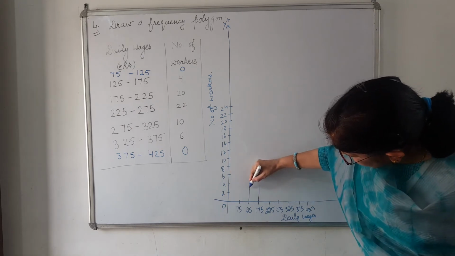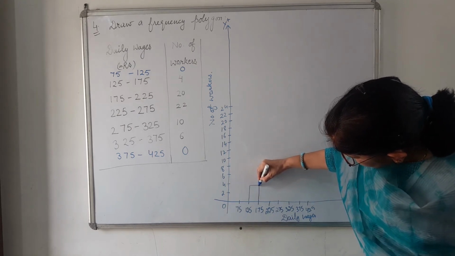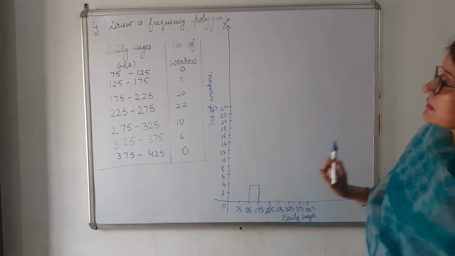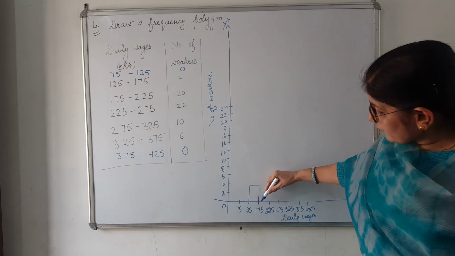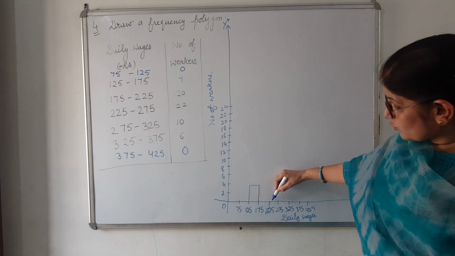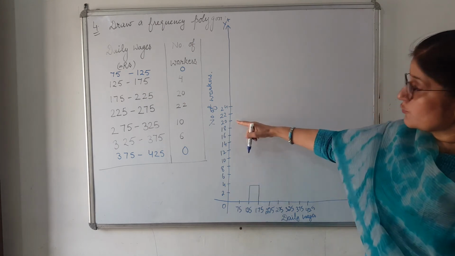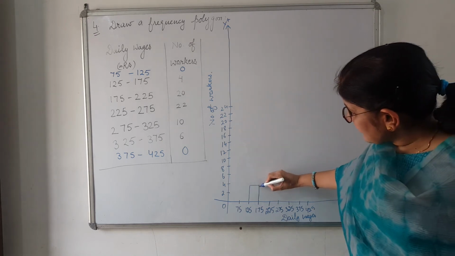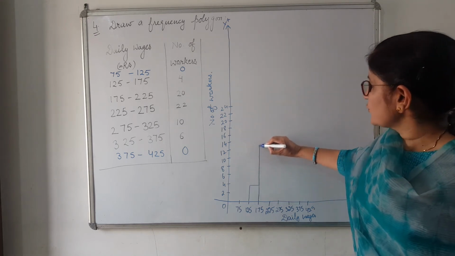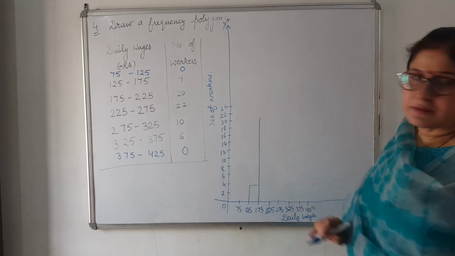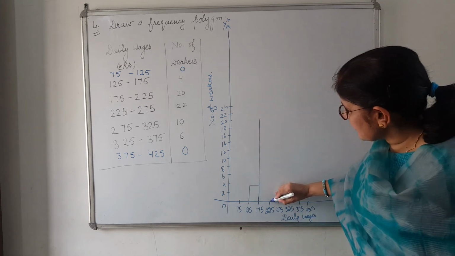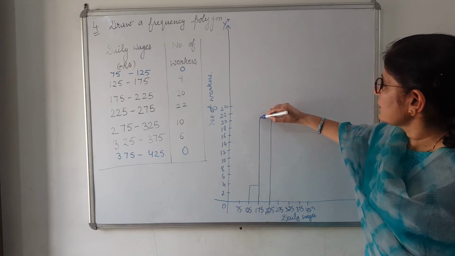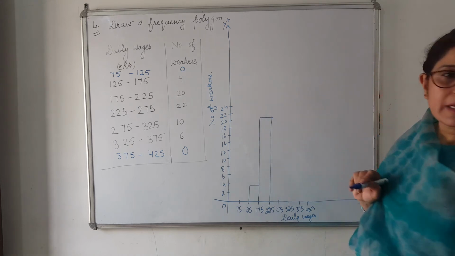So 4 is there. So we get the first rectangle. The second group is 175 to 225 and we have to take the number of workers here, 20. So this line we have to increase up to 20. Similarly this also, and we join them. So this is the second group.